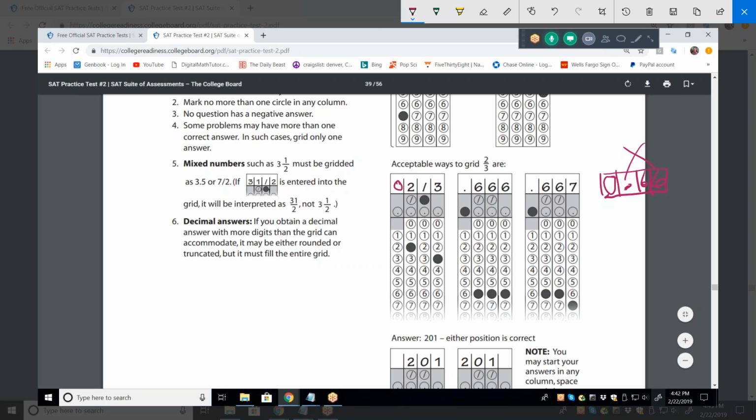They are machine reading the bubbles. So it would be impossible to grid that in. 0.66, that's four spaces, but there's no place for a 0 in that first spot. So that's a good way to remember you can't do that. If you're going to put a decimal in there, start the first column with the decimal.